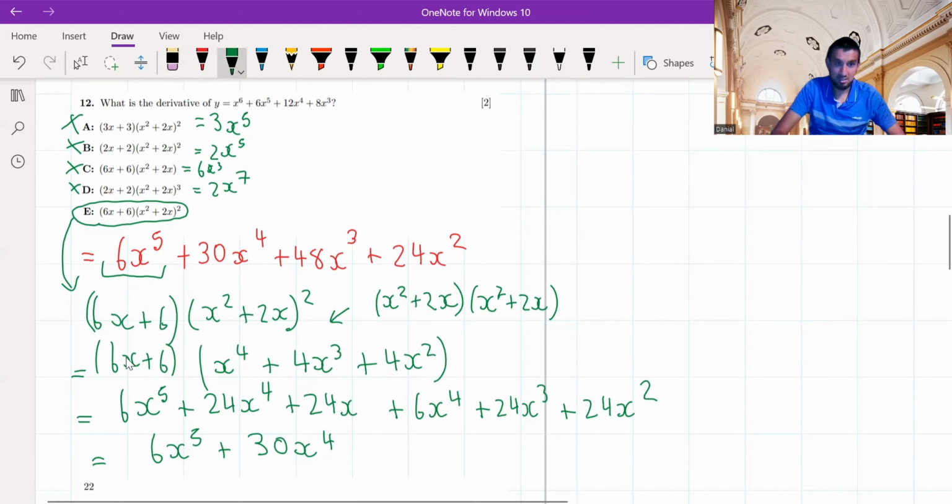Because we were timesing 6x by 4x squared. Okay, so that will be 48x cubed plus the 24x squared, okay? So that was the final answer.